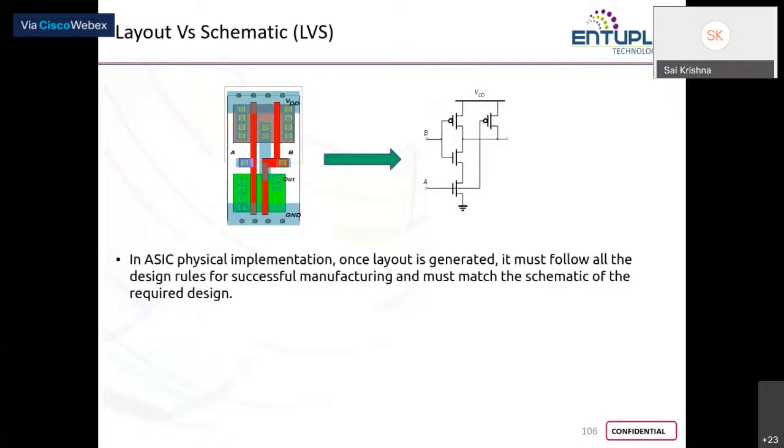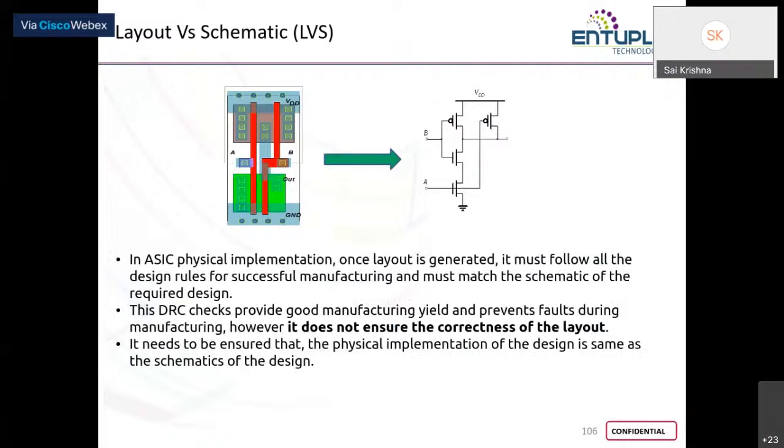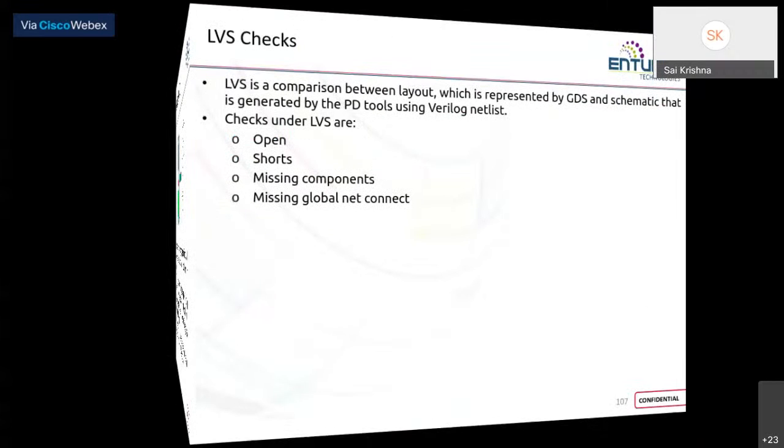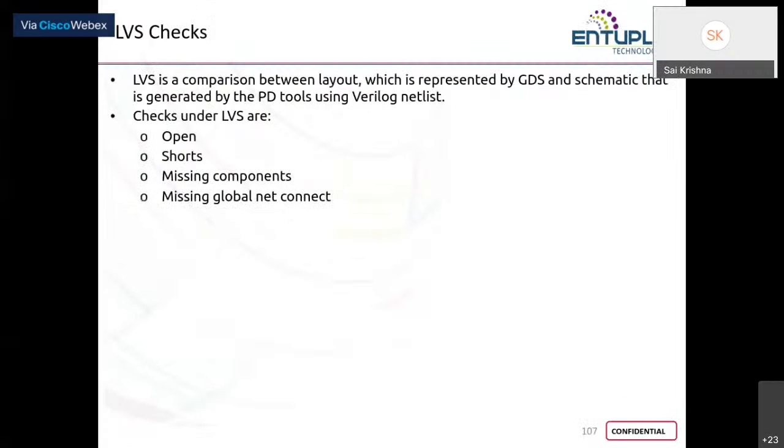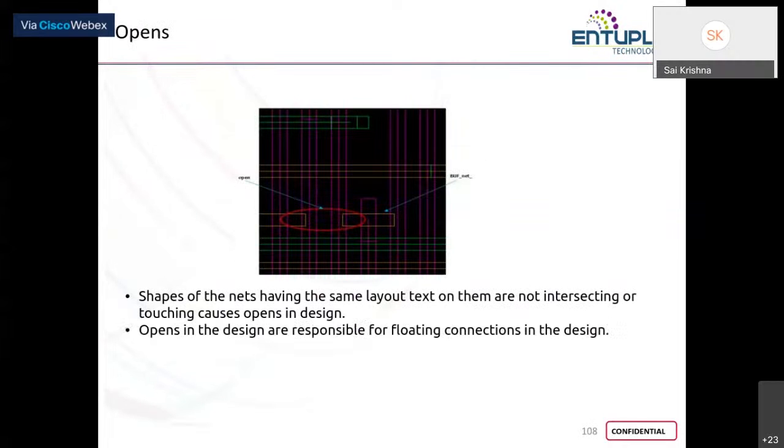And similarly, your LVS is layout versus schematic. This is to make sure that the layout is properly connected everywhere, because even one wrong connection could lead to a whole different functionality. So you basically check for opens, shorts, or any mismatches in connections or devices. This is an open, as you can see here.